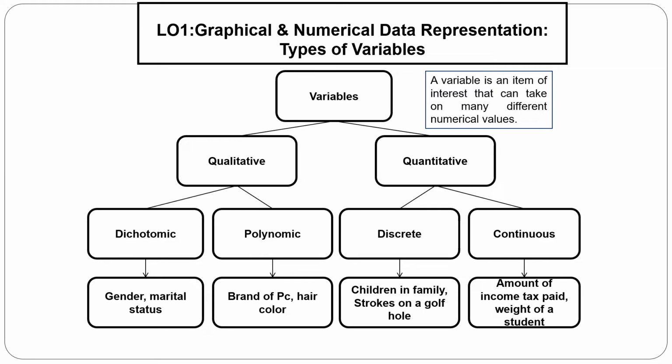The first learning outcome, I would like to focus on variables. So what are basically variables? Variable is an item of interest that can take many different types of numerical values. So in statistics generally, variables are qualitative and also quantitative. For foundation level, we will focus on the quantitative part of the data, which is discrete and also continuous.